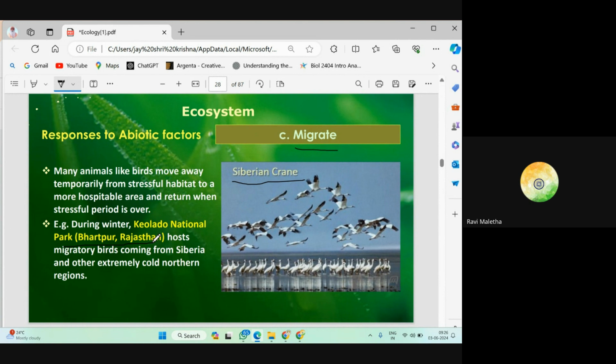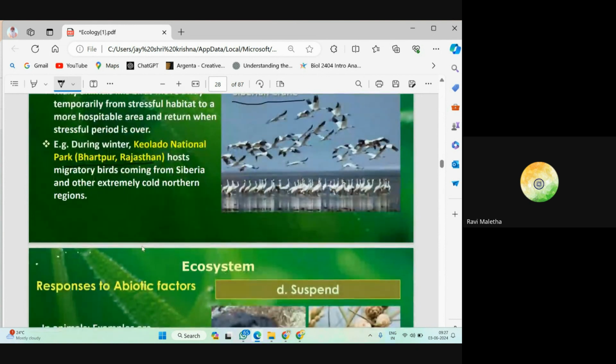In winters, they come to Keoladeo National Park, Bharatpur, Rajasthan, just to escape the winters in Siberia. And not only from Siberia, from other extremely cold northern regions, birds come to Keoladeo National Park. So this is migration.